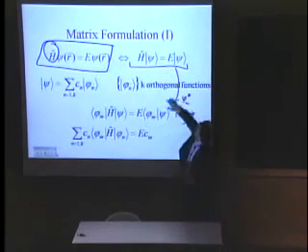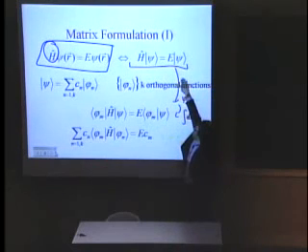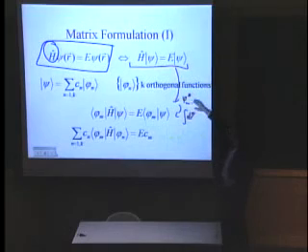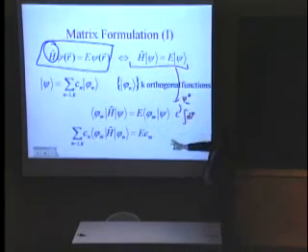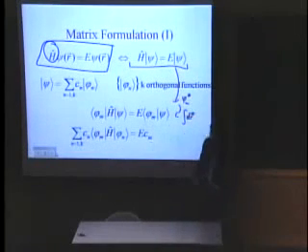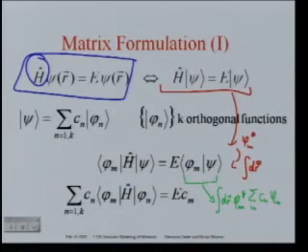Again, I've rewritten the Schrödinger equation by multiplying it by phi m star and integrating it, and what I obtain is a new formulation of the Schrödinger equation that I have also in the next slide, and that we are actually going to analyze.